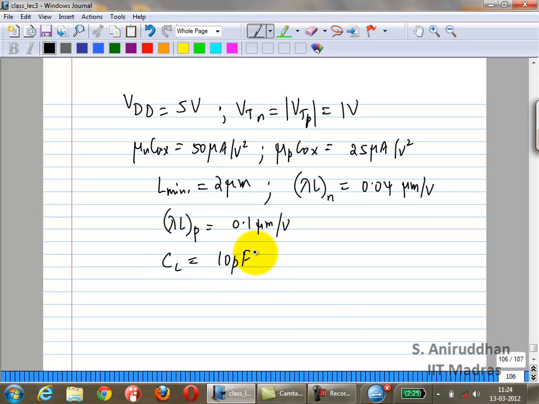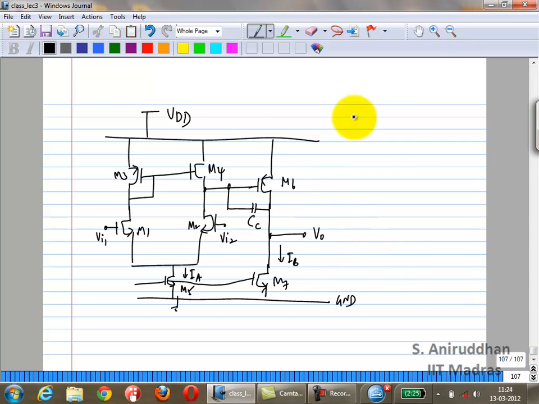Load capacitance is 10 picofarad. So what is the slew rate of this?